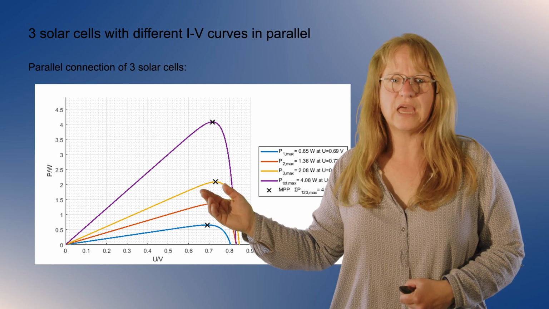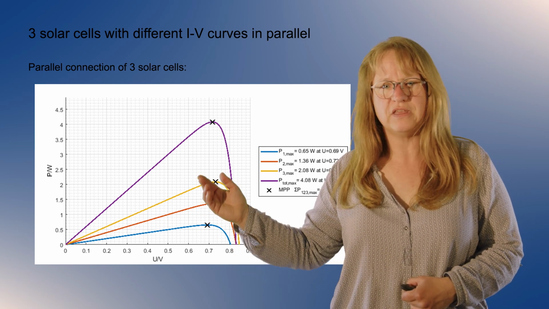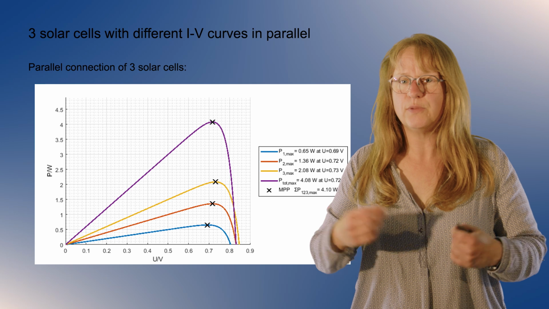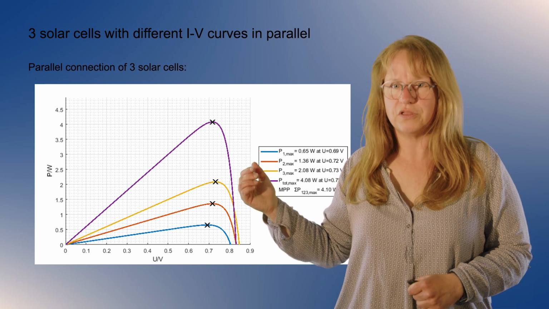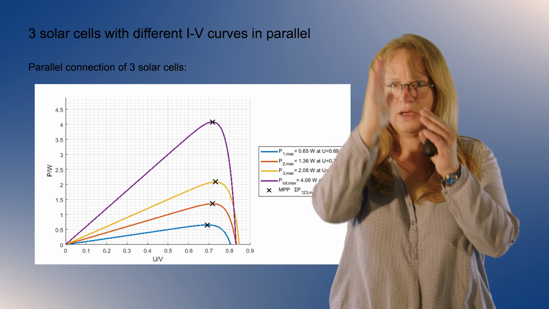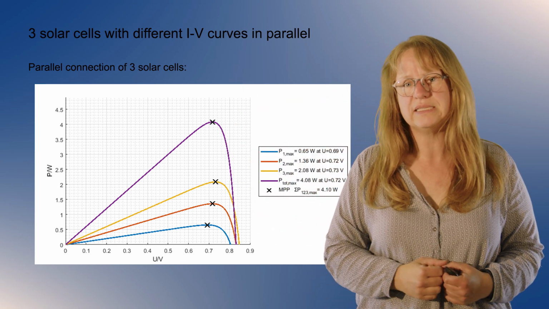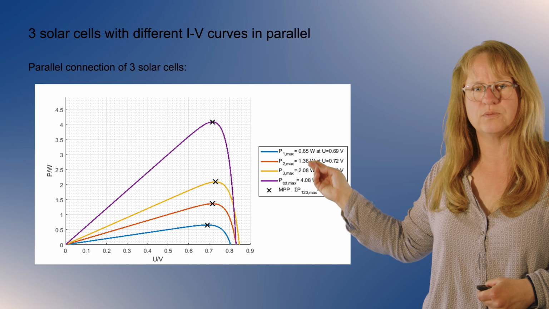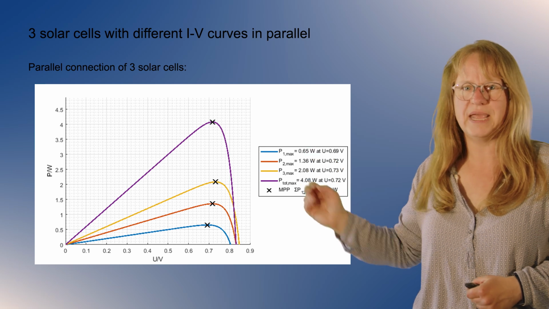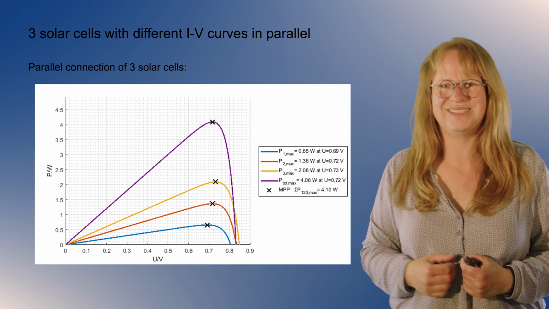So that means we cannot run all of these 3 solar cells simultaneously at the maximum power point, because for the module, if they are in parallel, the 3 solar cells all have the same voltage. So we cannot be at the same time at the maximum power point of cell 1 and cell 3 and cell 2 also.